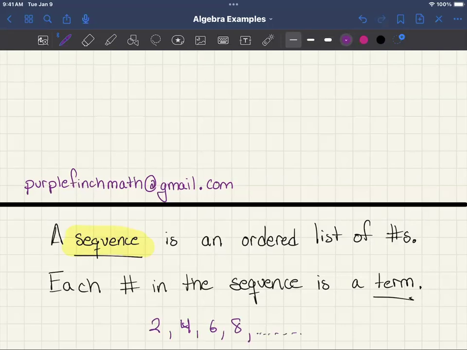You can guess that the next term of this sequence is going to be 10. I say the word term because each number in a sequence is called a term. So we have those two different pieces of definitions that we need to know to work with this.